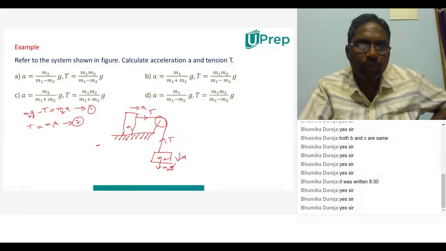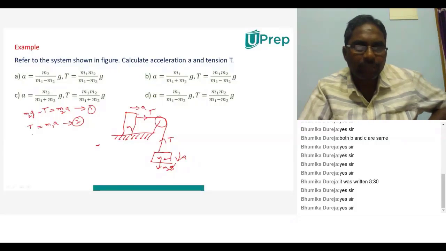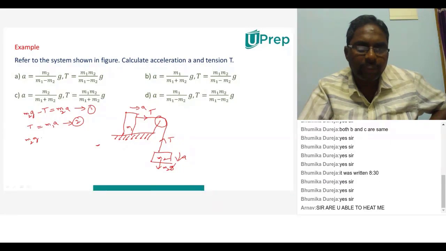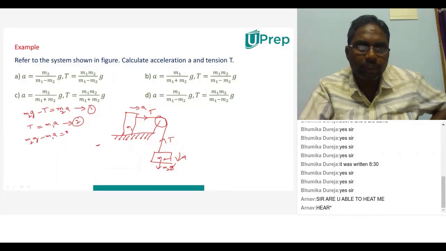And if you substitute equation number 2 in 1, tell me what you will get. M2G minus M1A is equal to M2A.